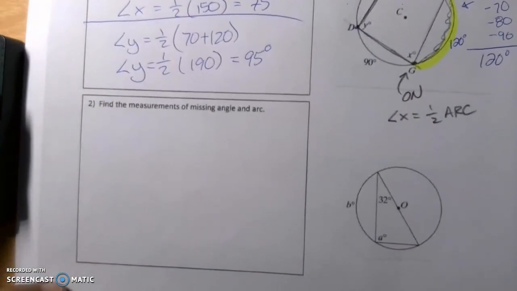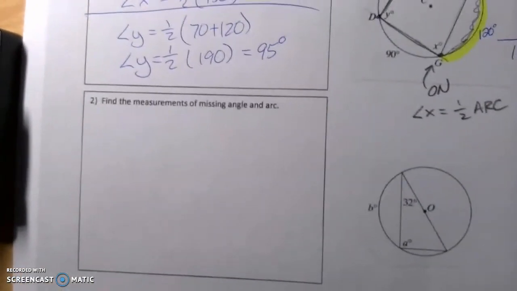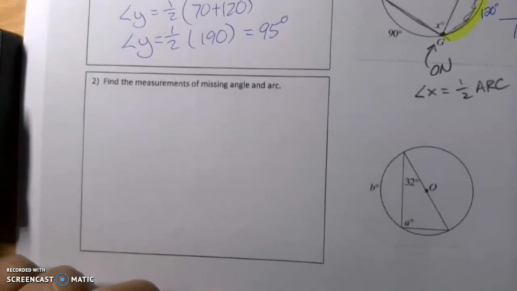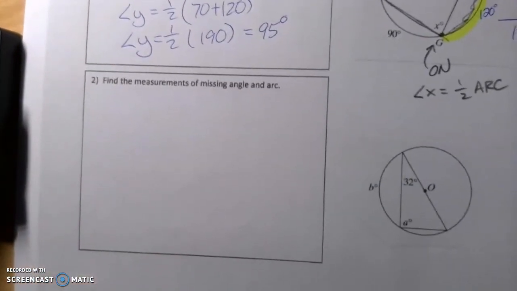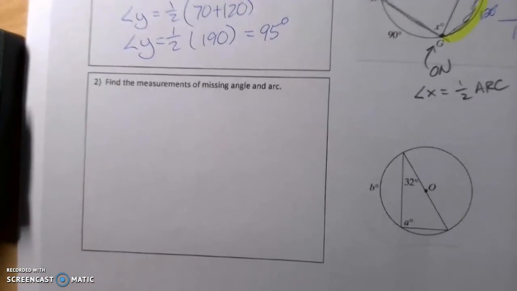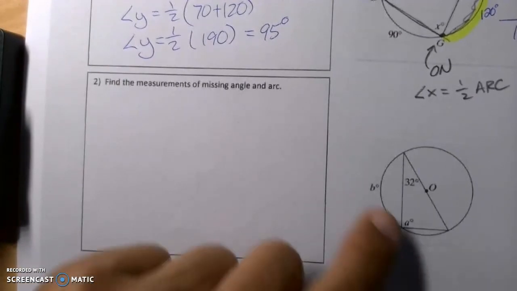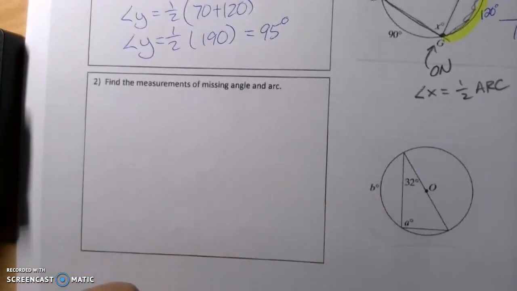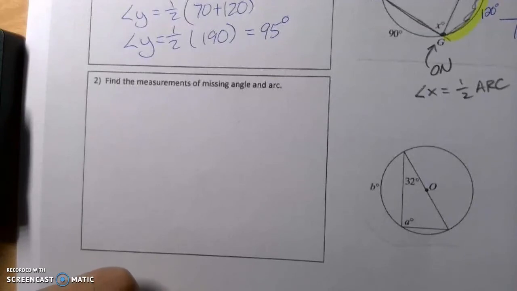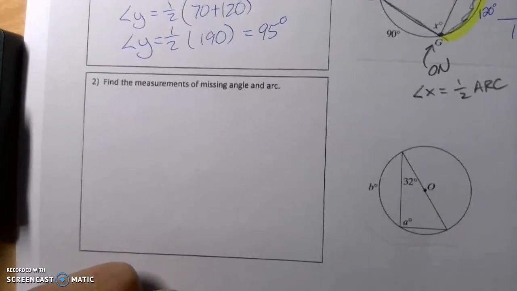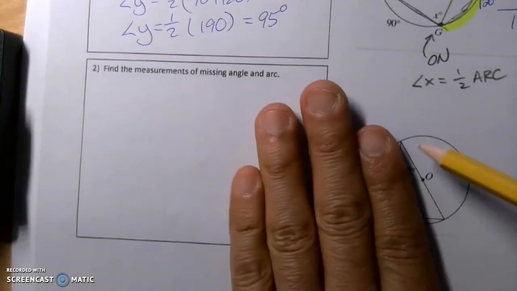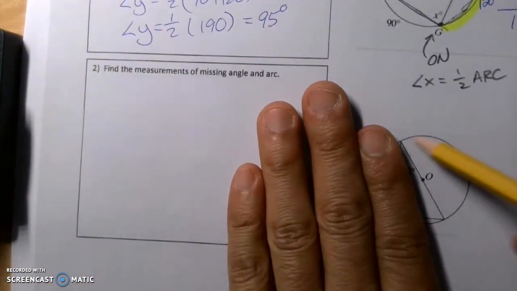Let's try number 2 here. Find the measurement of the missing angle and arcs. So basically we're going to figure out not only A and B, we can figure out all of this. Let's figure out what A is. First of all, you'll notice there's a dot there, which means this is half the circle.